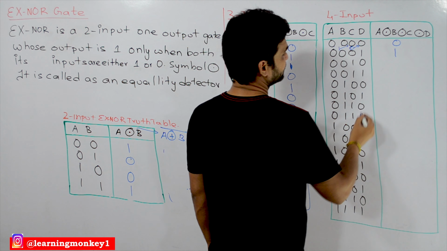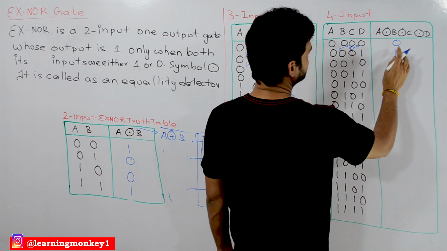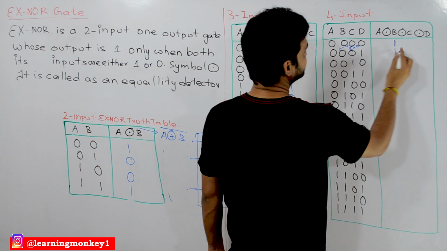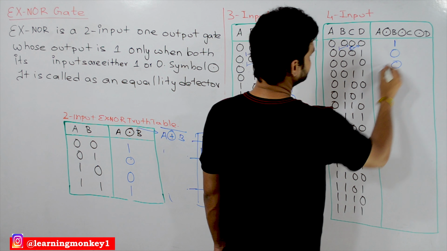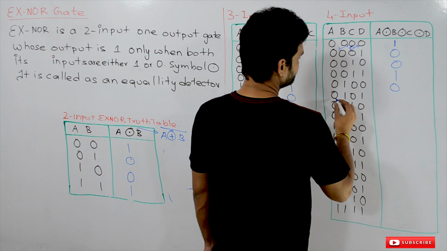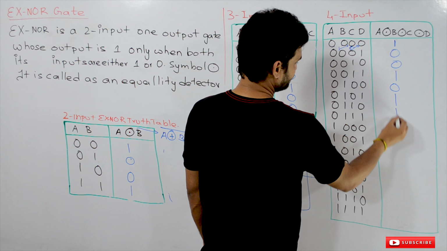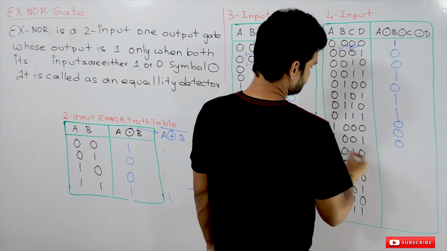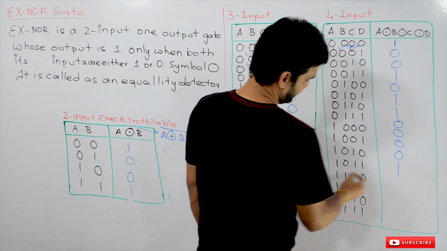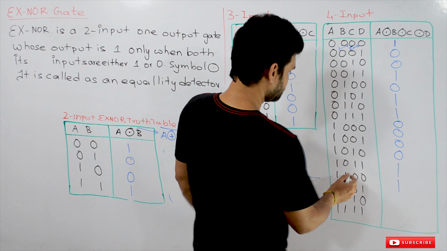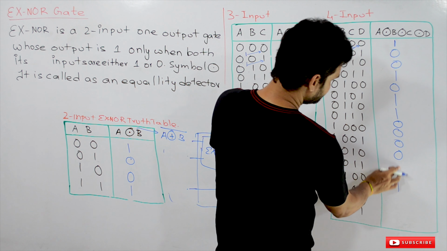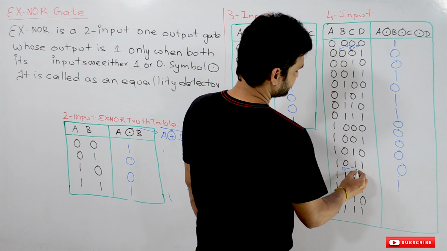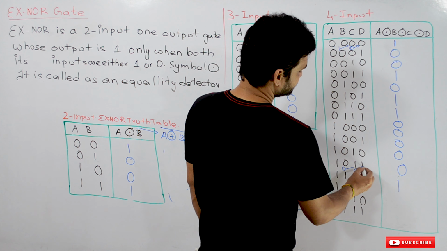If you take this, it is a 0, it is 1 0, 1 1 0, 0 0 0 1, and for this it is a 0. 1 XNOR 0 is a 0, 0 XNOR 1 is a 0, and 0 XNOR 1 is a 0.